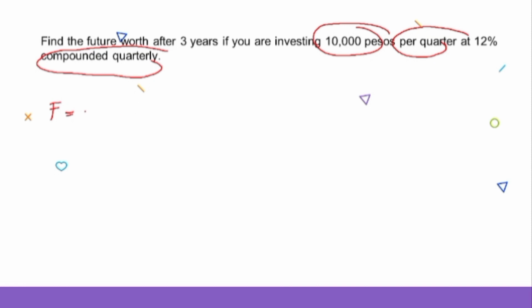So, our annuity is 10,000 pesos times 1 plus 0.12 all over 4, per quarter compounded quarterly, raised to 3 times 4 quarters, minus 1, all over 0.12 all over 4.